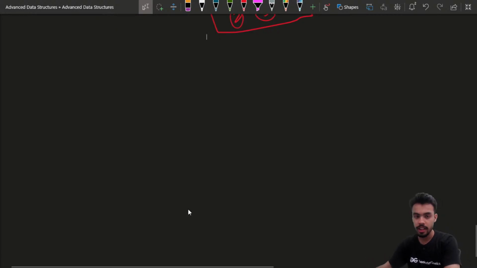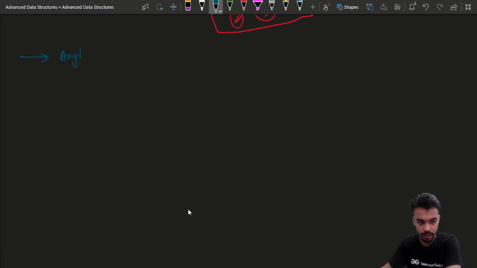Now can we do anything better in union? What we were doing in union: suppose we have some graphs like this, which is connected, and we have only one node here.